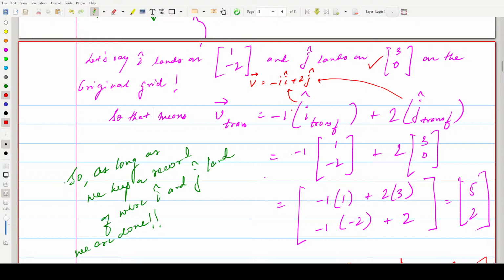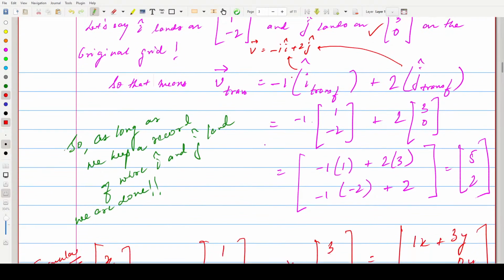Before the transformation, i and j land on the original space, and we get minus 1 times (1, minus 2) plus 2 times (3, 0), and with all this computation, we get (5, 2).